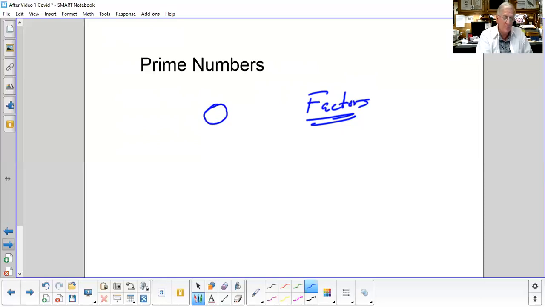Example, look at the number 2. 2 has as its factors only 2 and 1, because those are the only two natural or counting numbers that will multiply together to give you 2. There are no other numbers that fit for 2.